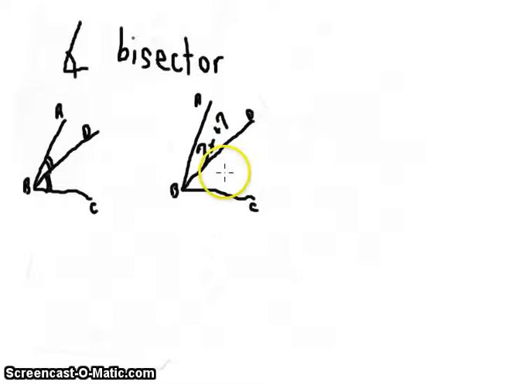Change this negative to a positive. So this 3x plus 7 is angle ABD. And if we're given that the whole angle, angle ABC, is 12x minus 4, we need to find x. We need to find out what x is.